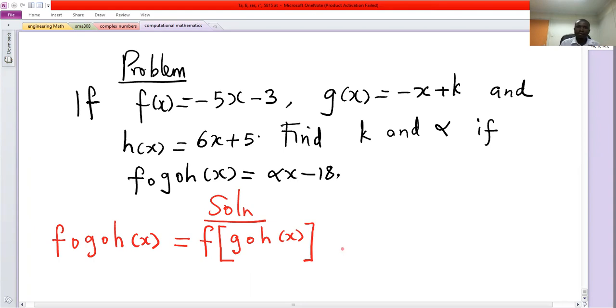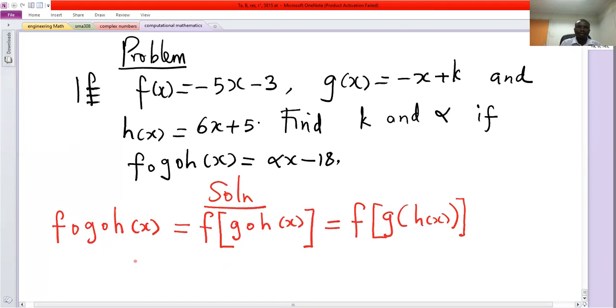Step 2, this is the same thing as writing f of g of h of x. Now you start working from the right. So we have f of g of, and h of x becomes the input of the g function. So h of x, you write 6x plus 5.